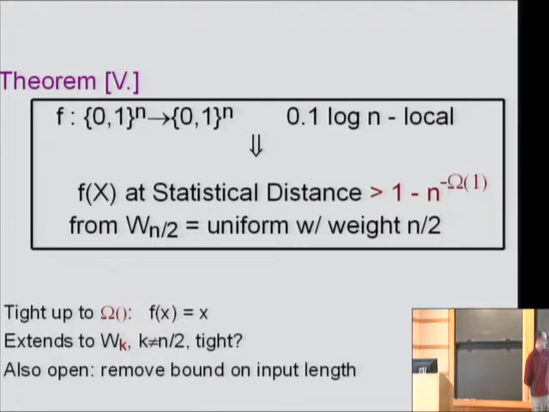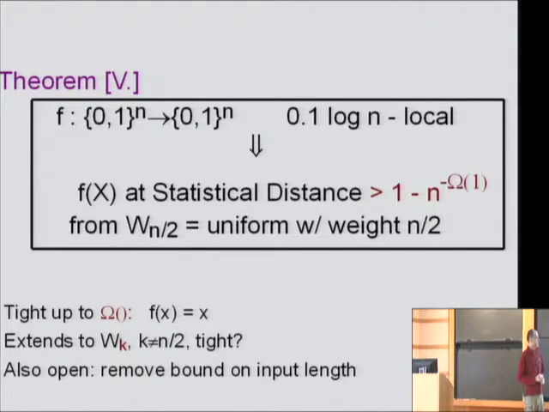This distribution, W sub n over 2, is the uniform distribution on n-bit strings which are balanced, with exactly n over 2 ones. All right. So this is a sampling lower bound for a specific distribution. It's tight up to this omega here. You can see that just by considering the one-local function, identity, f of x equals x.